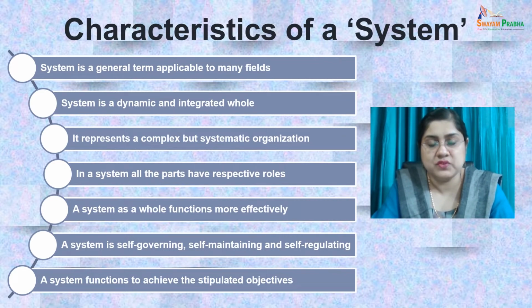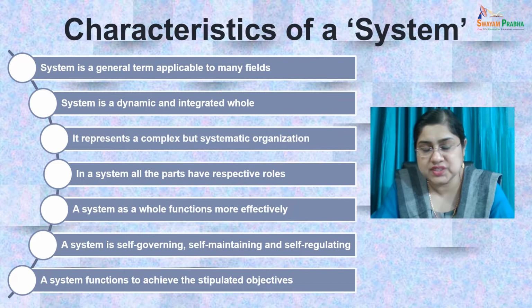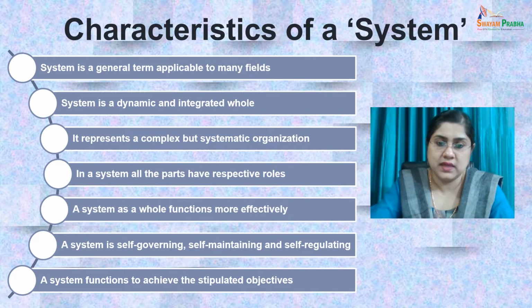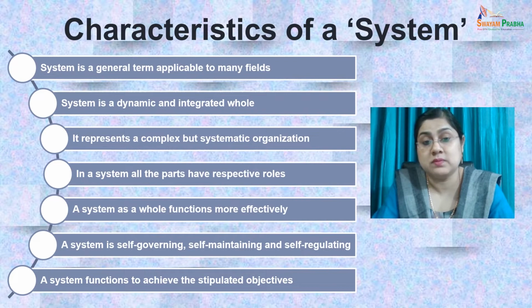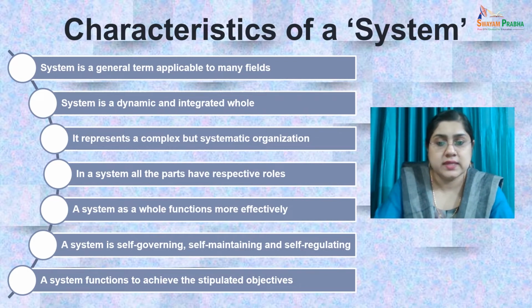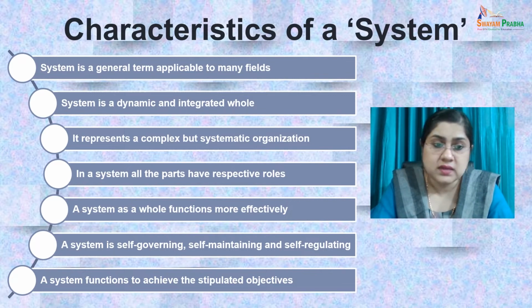So a system is somehow applicable everywhere, and education and the area of instruction is not something other than these fields. So a system is a general term applicable to many fields, including instruction and education, is the first feature.